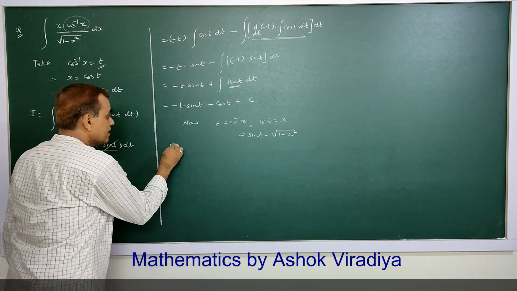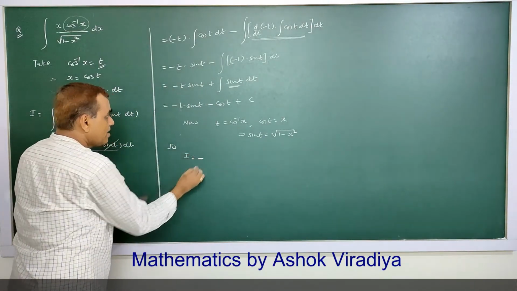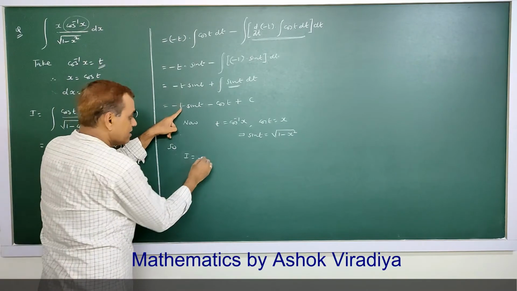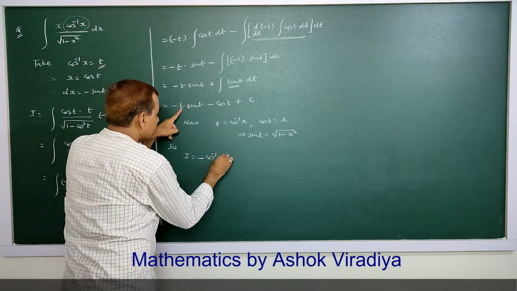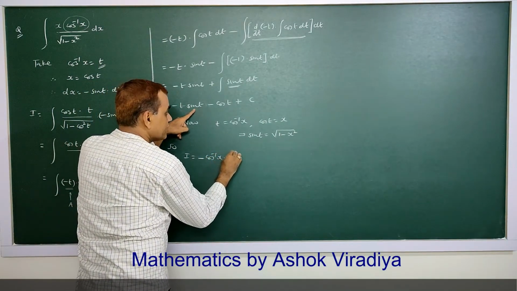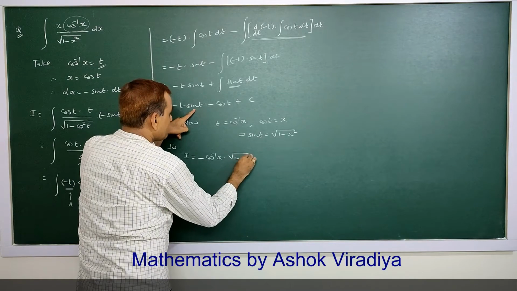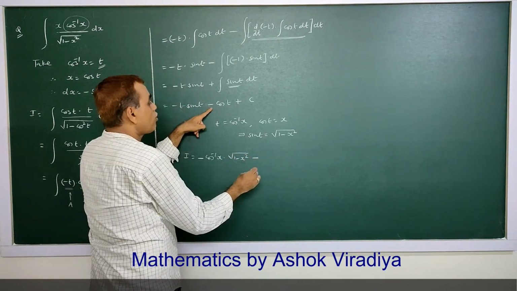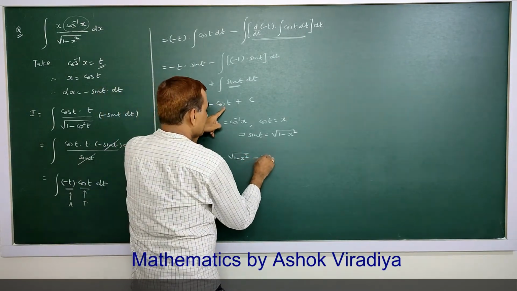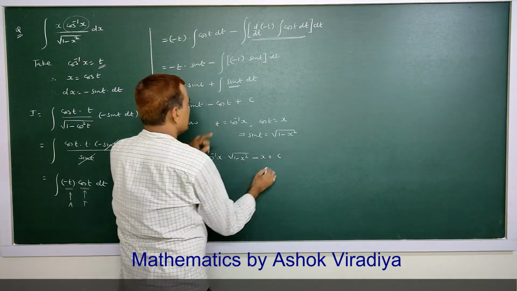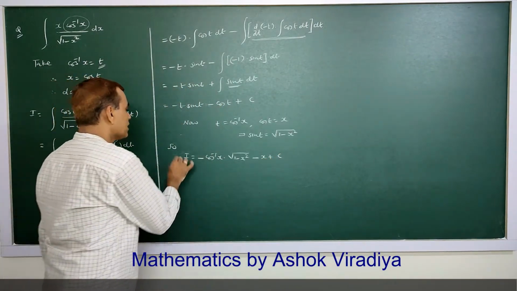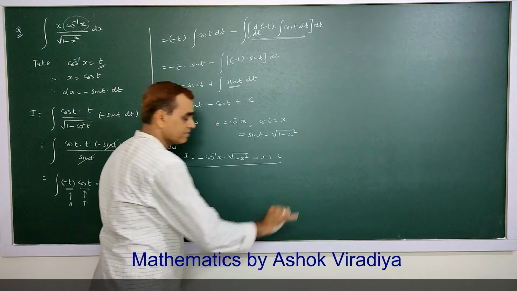So the integral is minus t, where t is cos inverse x, sin t is root 1 minus x square, minus cos t is x, plus c. So this is the required integral.